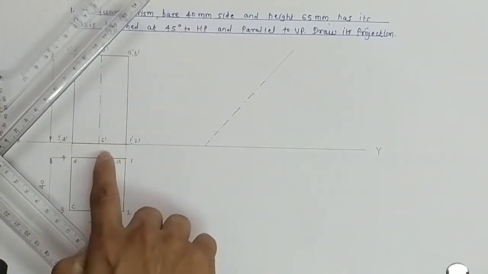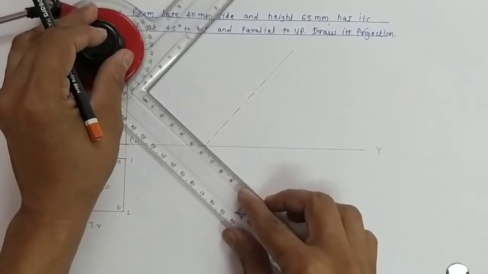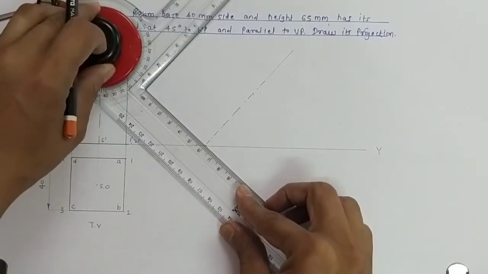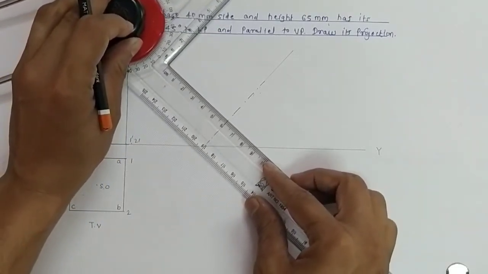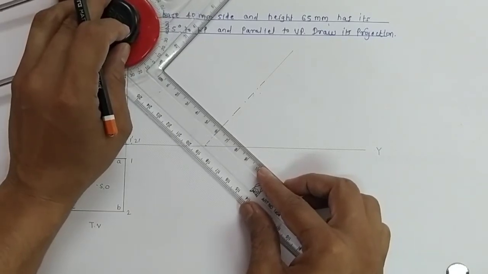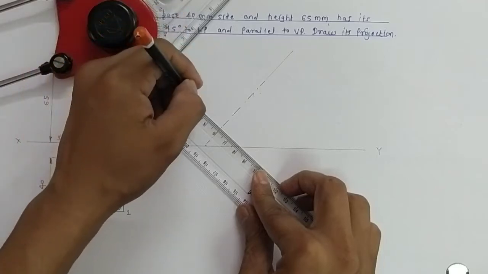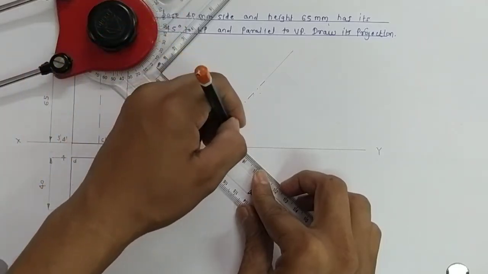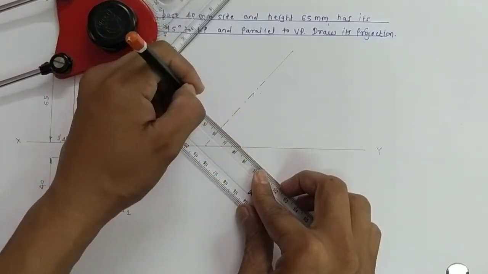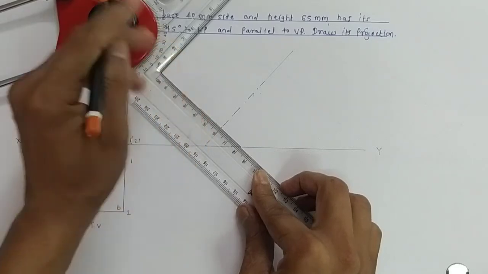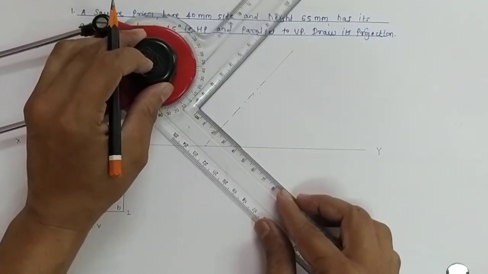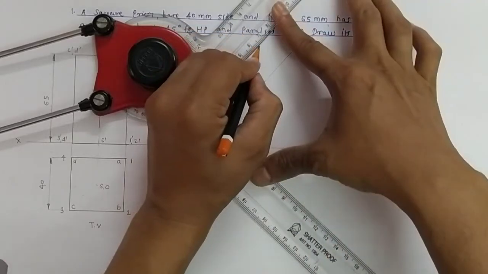The side of the base is 40 mm, so you take the distance in such a way that it cuts the XY line at a side of 20 mm, and from this point you measure 65 mm axis height.